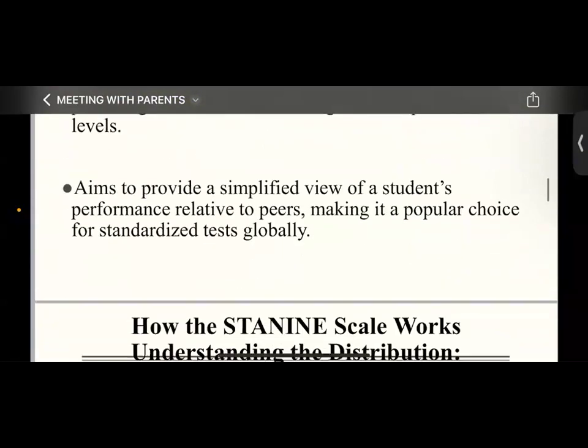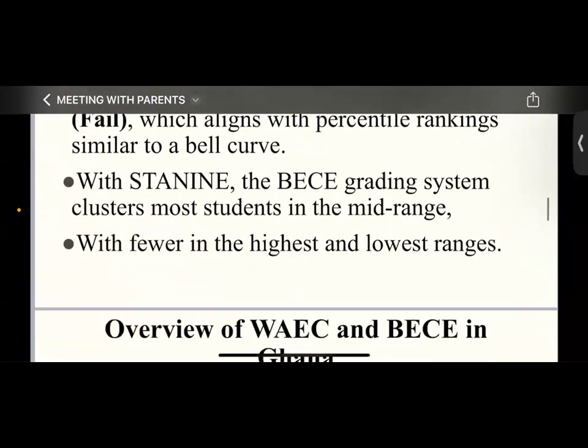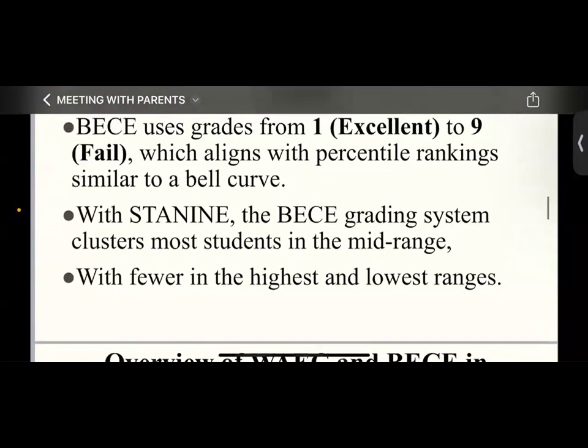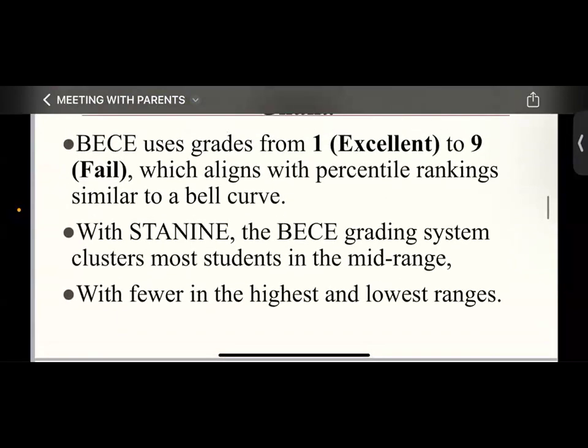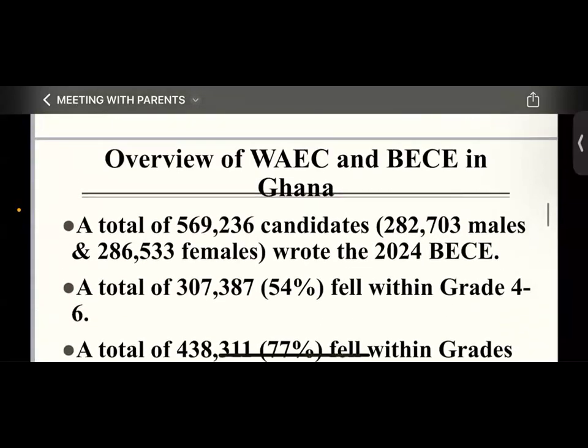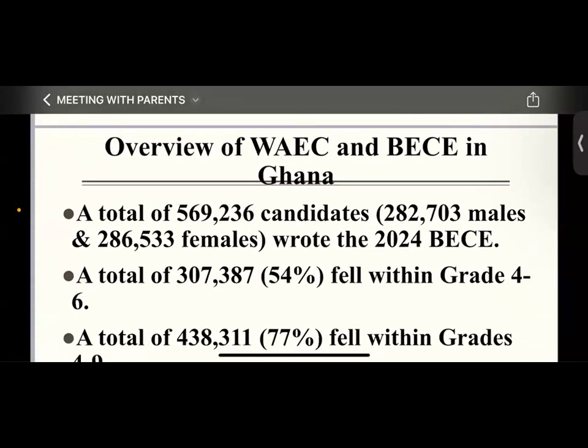All right, let's move on. With fewer in the highest and fewer in the lowest. Remember, we mentioned only 4% could get a 1, with the next 7% getting a 2. The other end is the same. Only 4% will get the worst grade of 9, with the next worst 7% getting 8, and in that order.